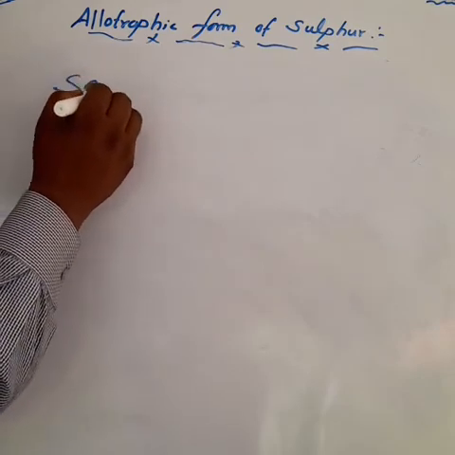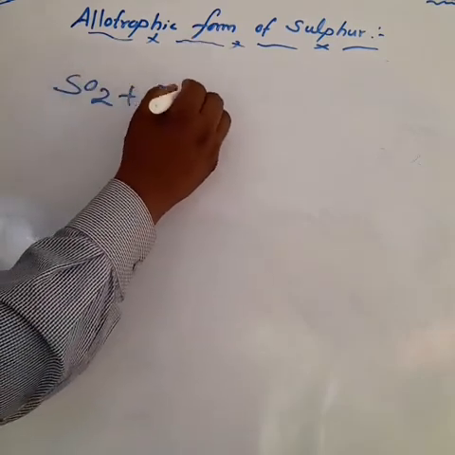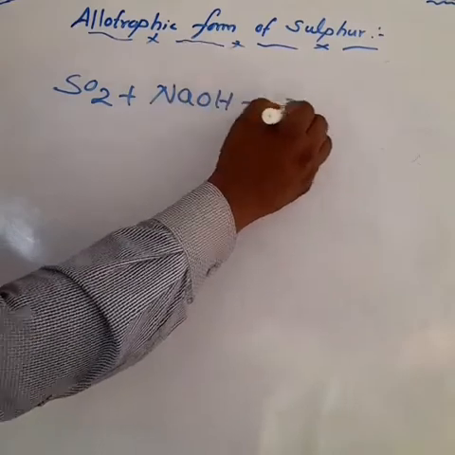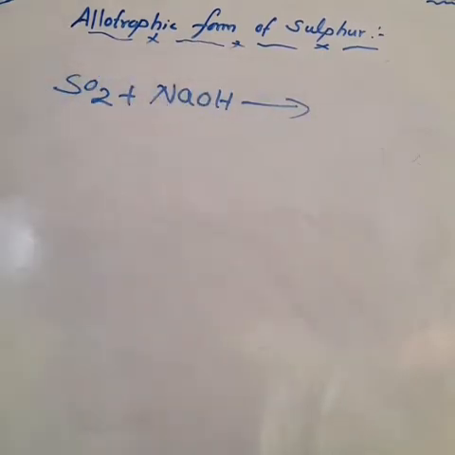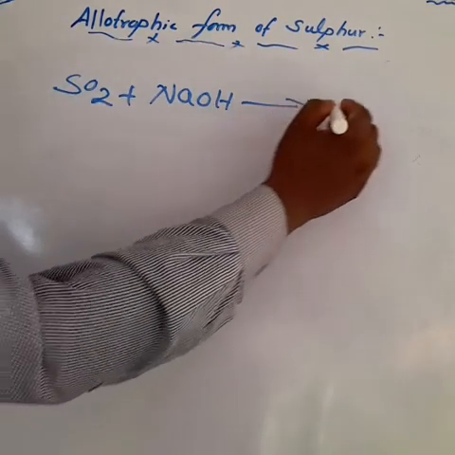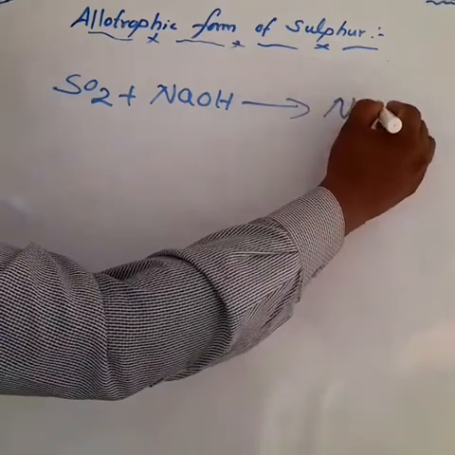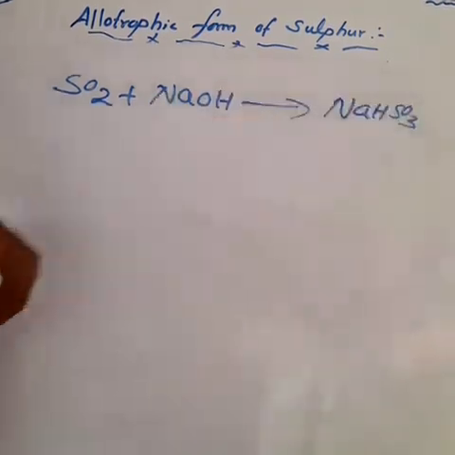Sulfur dioxide SO2 plus sodium hydroxide NaOH. Sodium combines with the hydrogen and also SO2 we get NaHSO3, sodium bisulfite. Formula NaHSO3. Equation is balanced.